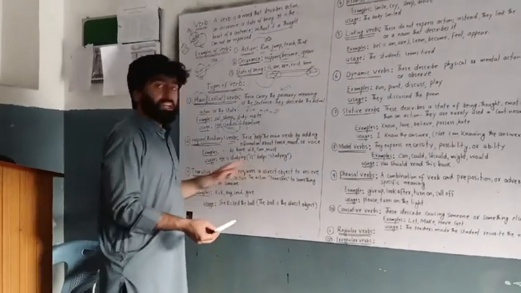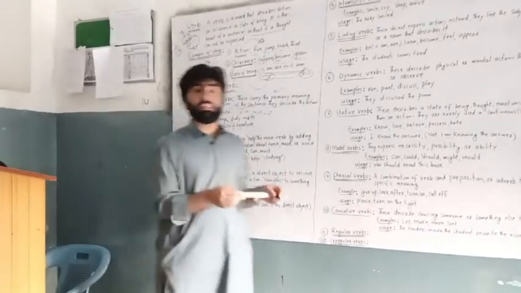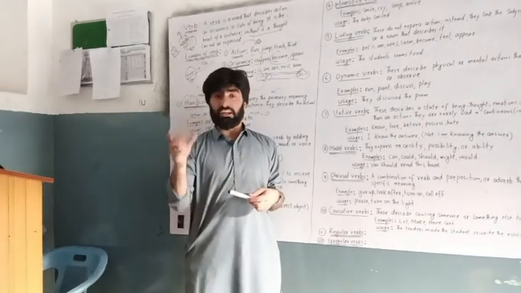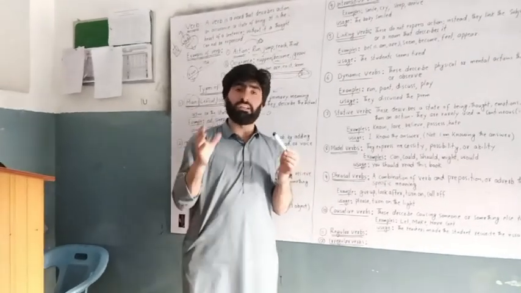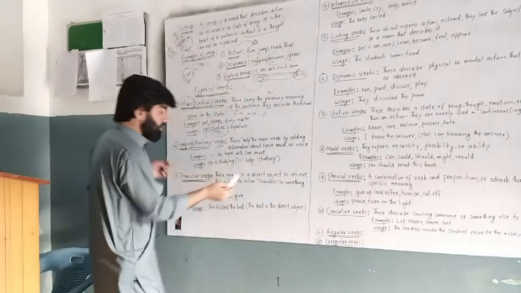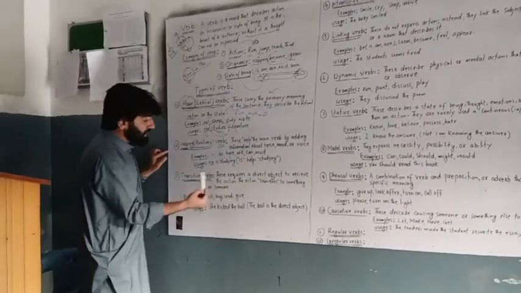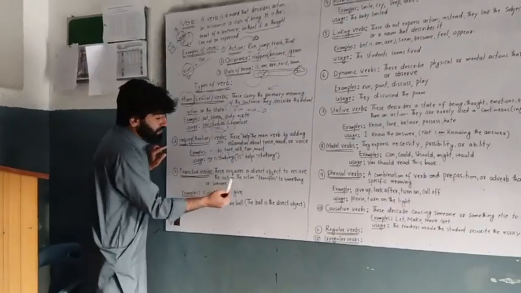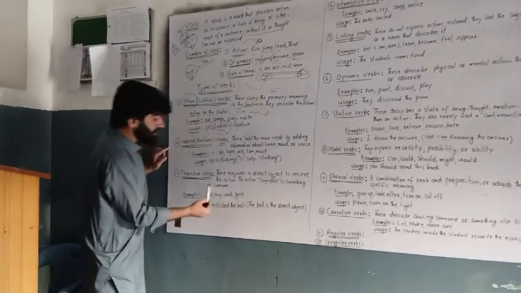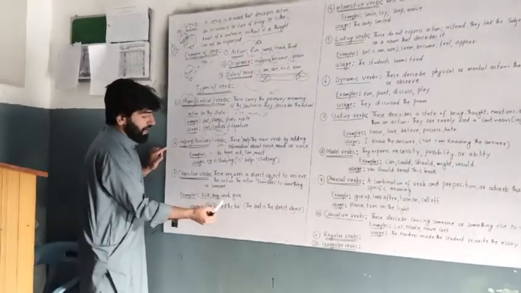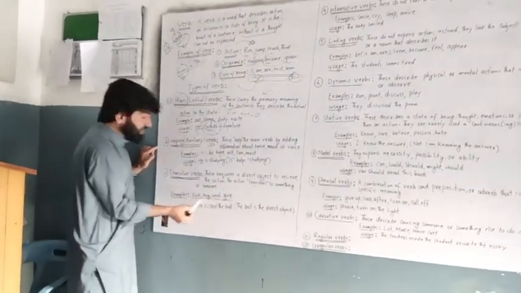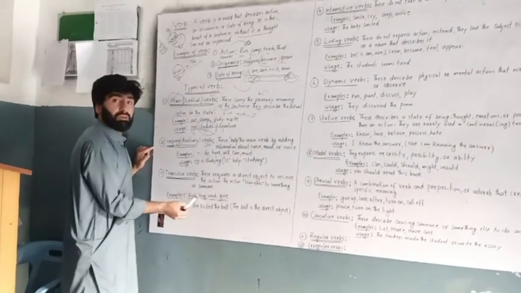The third type is transitive verb. These require a direct object. Before this lecture, I discussed transitive and intransitive verbs in great detail. It requires a direct object, where the action transfers to something or someone. Kick, buy, send, give are examples of transitive verbs.